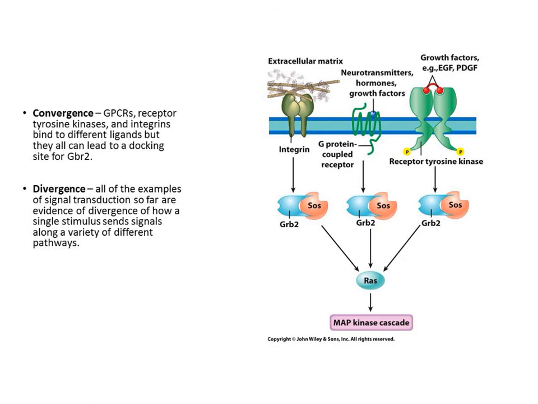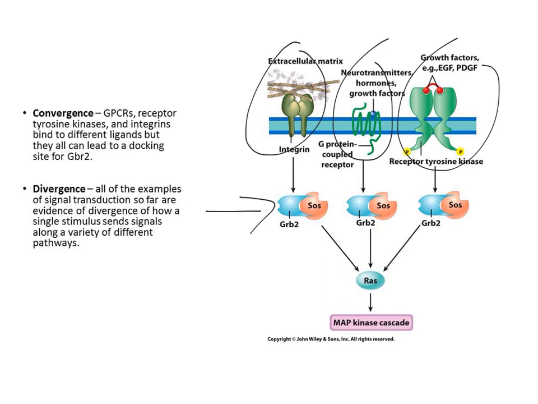An example of convergence of pathways: we can see that multiple receptors could potentially activate the same type of protein, such as GRB2. We saw GRB2 and its interaction with receptor tyrosine kinases, but GRB2 has also been shown to be activated by G protein coupled receptors and also integrin receptors that are involved in binding to the extracellular matrix.